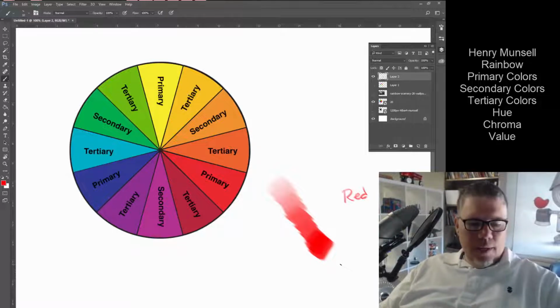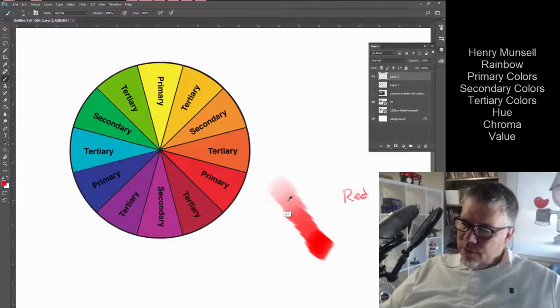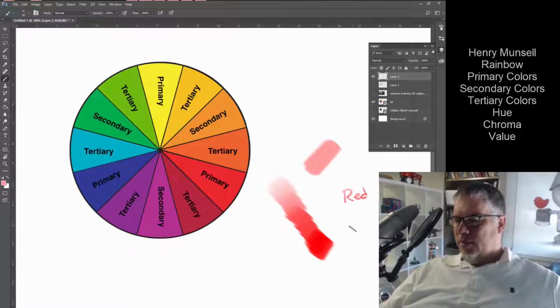The next term would be saturation or chroma, and that deals with the intensity. So if I pick out this part, this is the same red, and that's the full intensity when I pick it from this lower intensity right here.